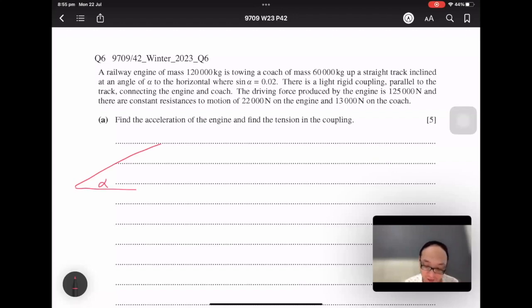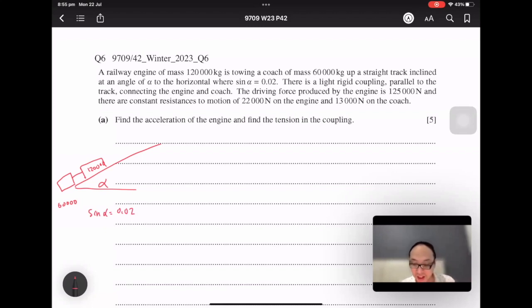So 120,000, and the coach has a mass of 60,000 kilograms, where sine alpha equals 0.02.